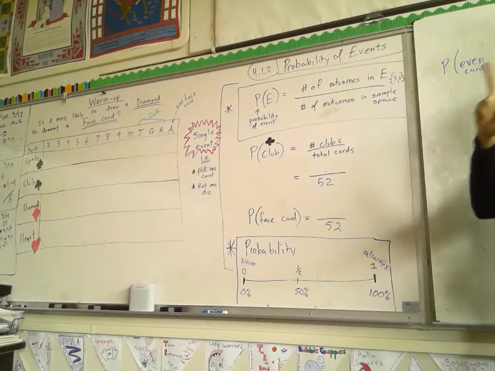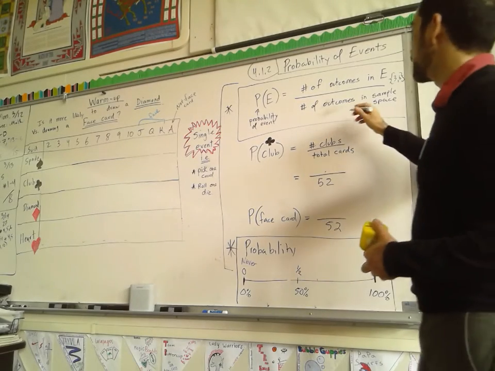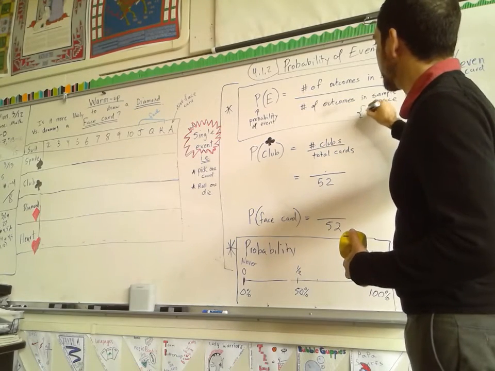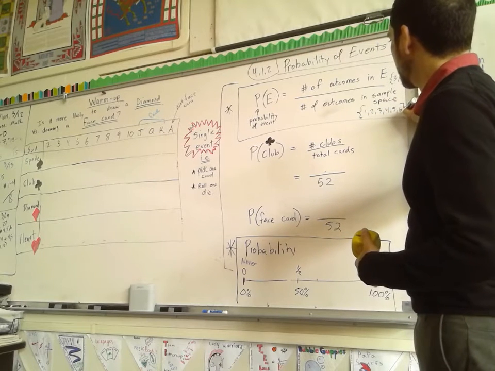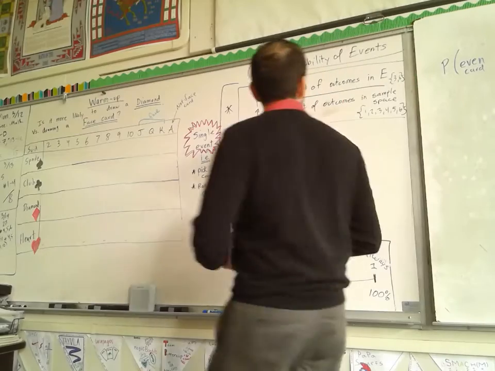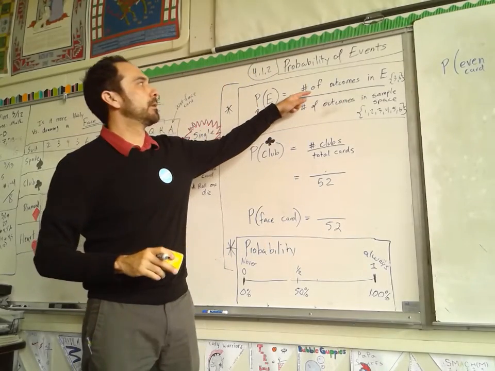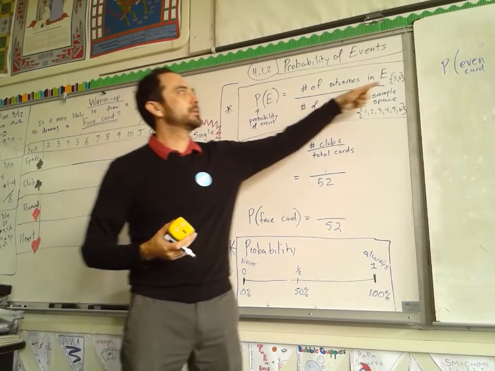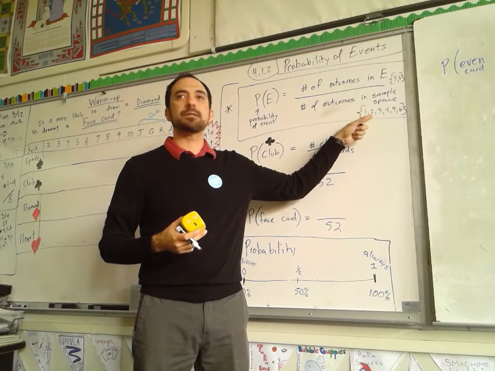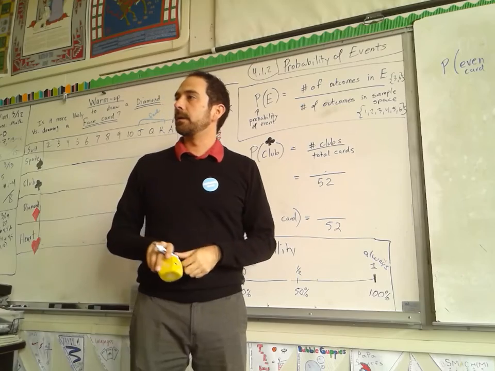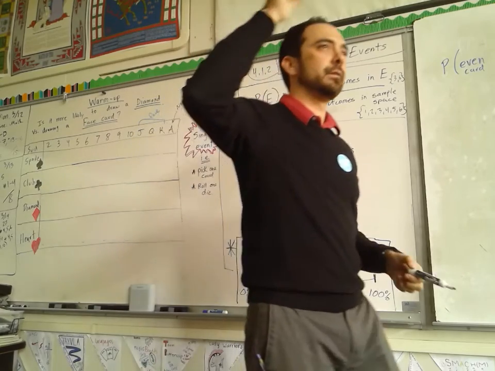What are the total number of outcomes for the sample space? In a die, it's 1, 2, 3, 4, 5, 6. So how many options for rolling a multiple of 3? 2 out of, divided by the number in the sample space, 6. 2 over 6 is 1/3. So I have a 1 in 3 chance of rolling a die and getting a multiple of 3.